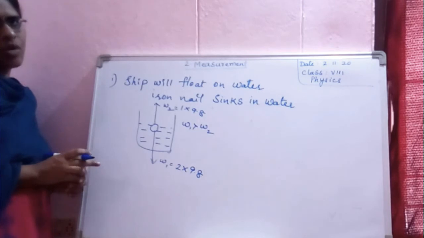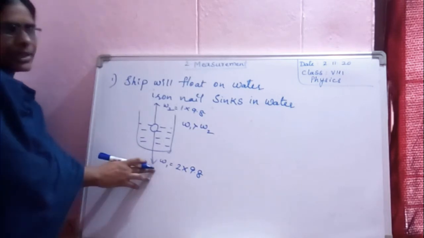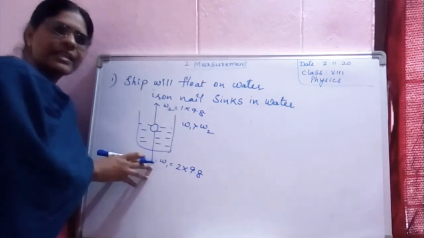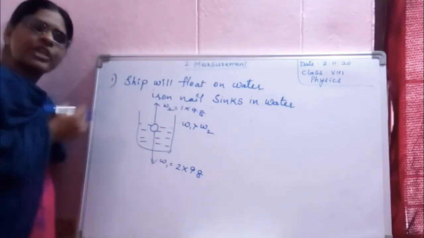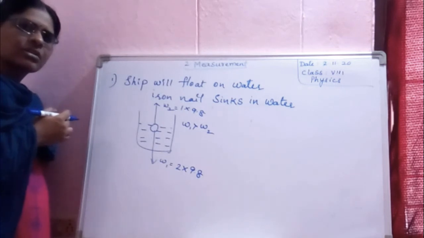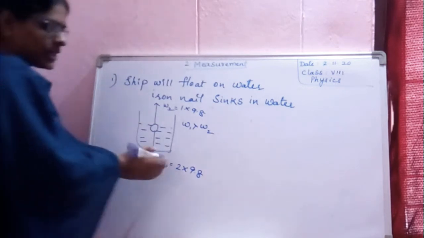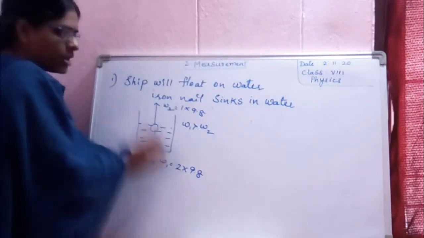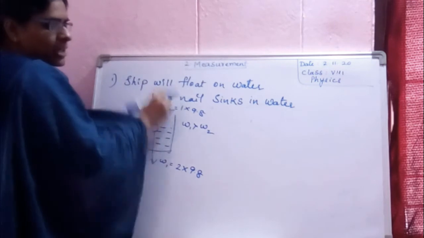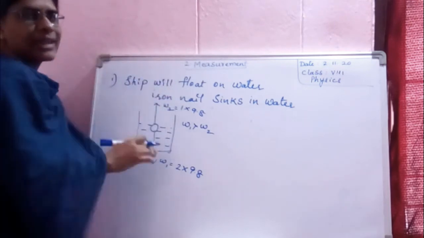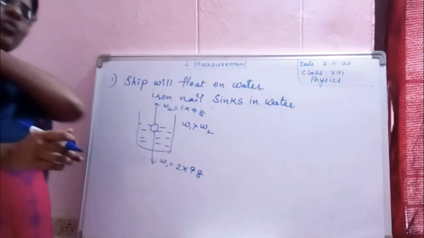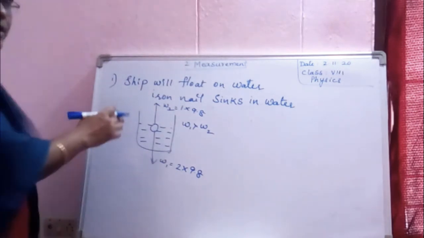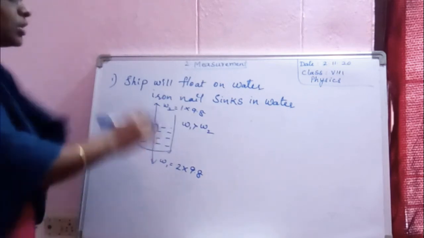Which weight is more? W1 is more than W2. Then in this case, which side does the object move? Obviously, the object will move towards W1. If suppose W2 is more than W1, then what happens? Then the object will move towards W2.